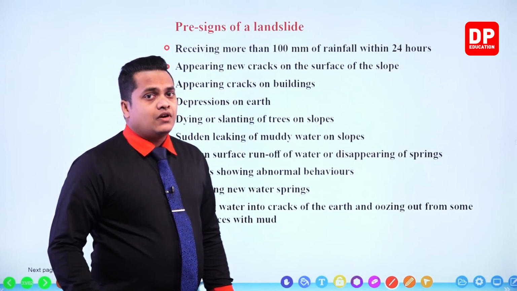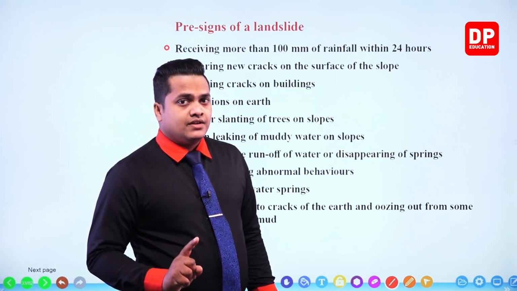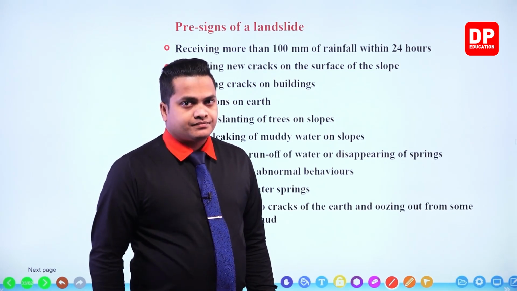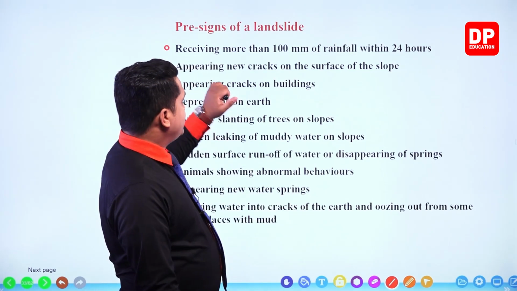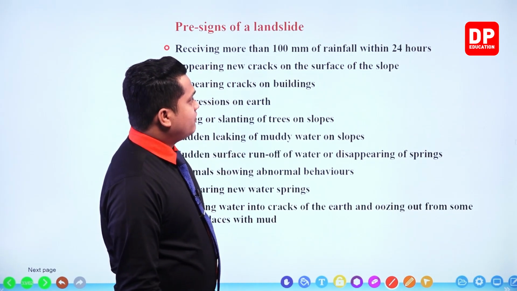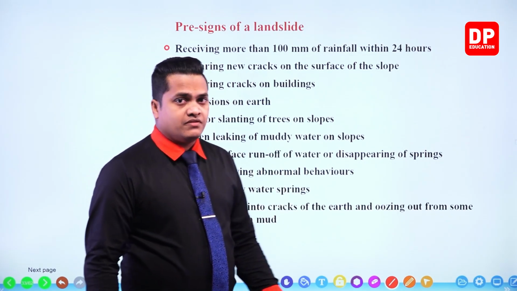Number one, I told you that for a landslide, the first and foremost factor is the rainfall, right? Here it is given: receiving more than 100 millimeters of rainfall within 24 hours.